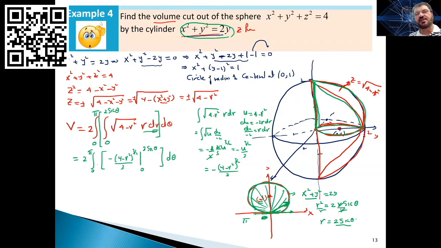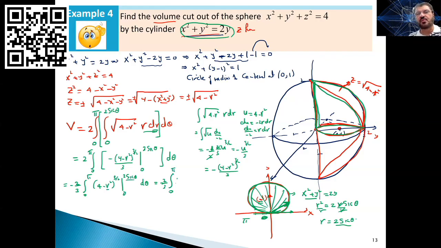I'm going to take this 3 and negative everything out. So this is equal to minus 1/3 integration from 0 to pi of only 4 minus r squared to the 3/2 from 0 to 2 sine theta, and then d theta. Now let's put 2 sine theta here.